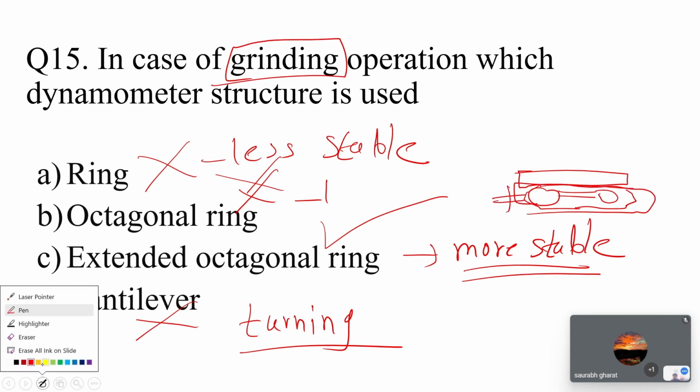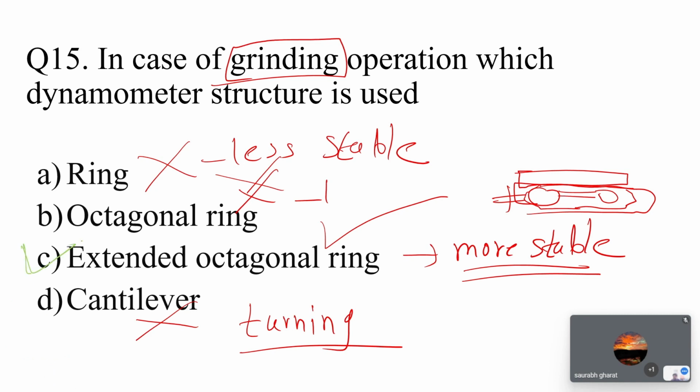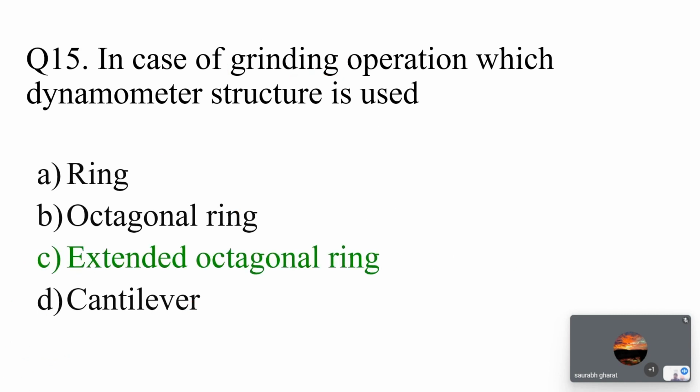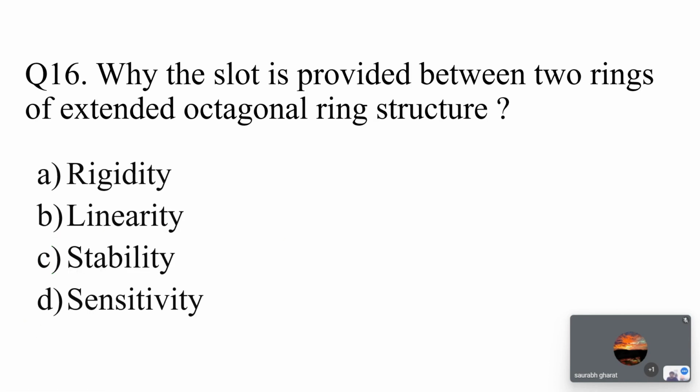The extended octagonal ring will be your correct answer. Why is the slot provided between the two rings of the extended octagonal ring structure?